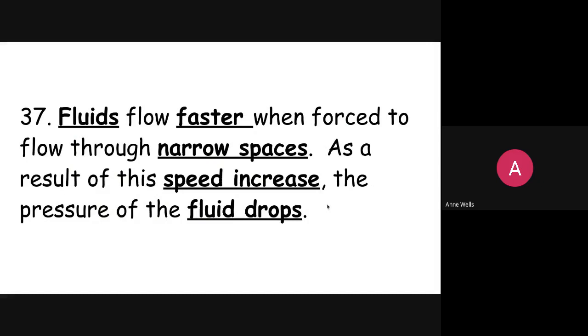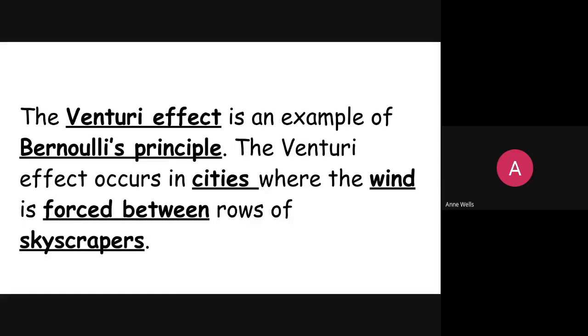Fluids flow faster when forced to flow through narrow spaces. As a result of this speed increase, the pressure of the fluid drops. The Venturi effect is an example of Bernoulli's principle. The Venturi effect occurs in cities where the wind is forced between rows of skyscrapers.